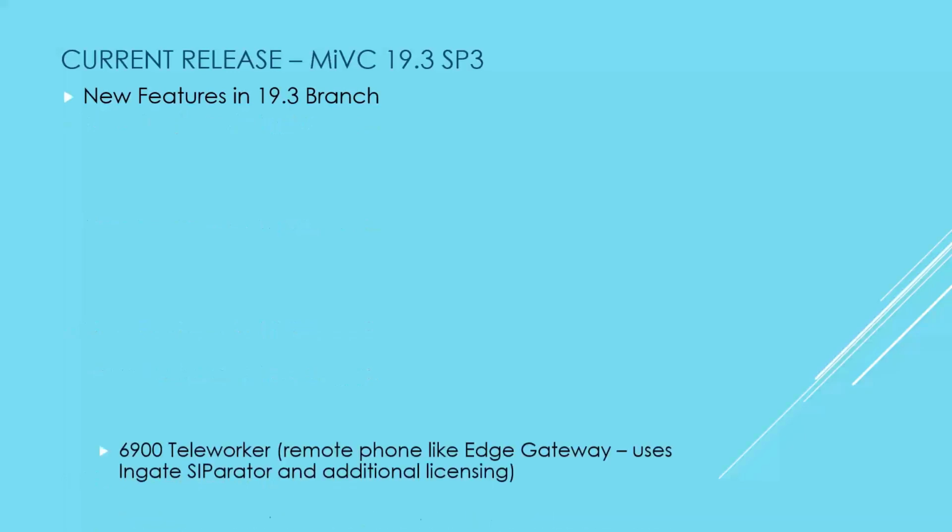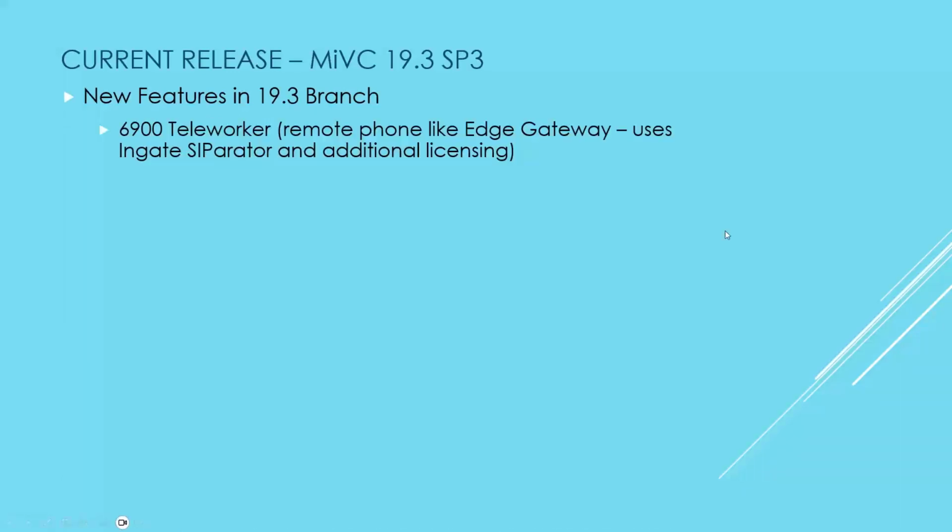Currently, MiVoice Connect 19.3 SP3 is our current release. In 19.3, they've added a number of new features. The first one, which a lot of people may or may not know about, hasn't been a huge request. A lot of customers that wanted this feature implemented it with their 400 series phones, but for the new model phones, the 6900 series, the actual Mitel branded phones, for a while we did not have a teleworker solution.